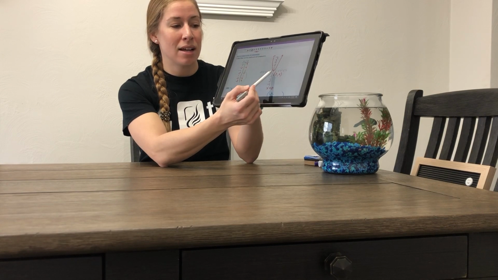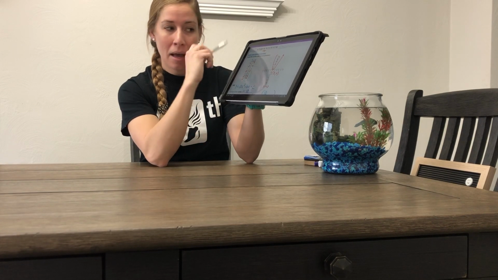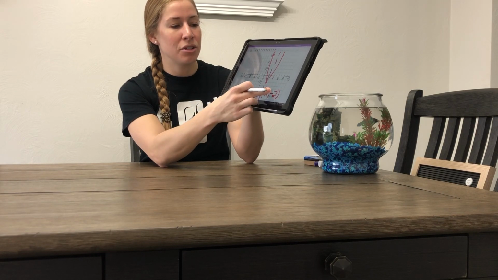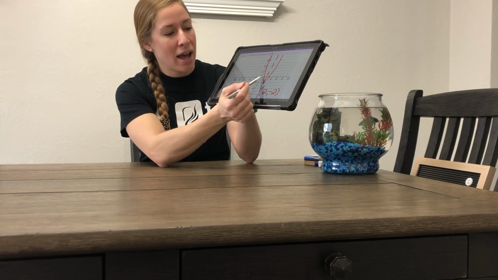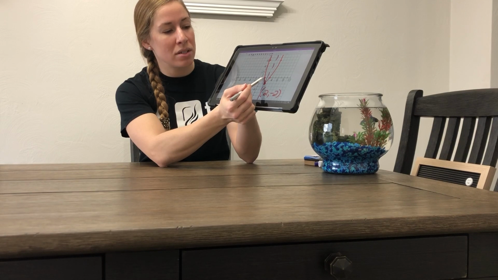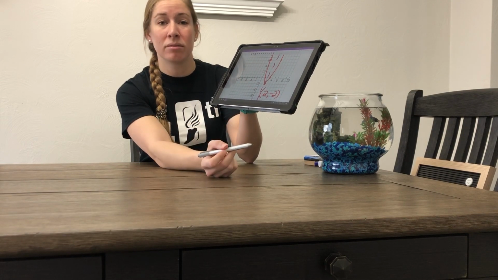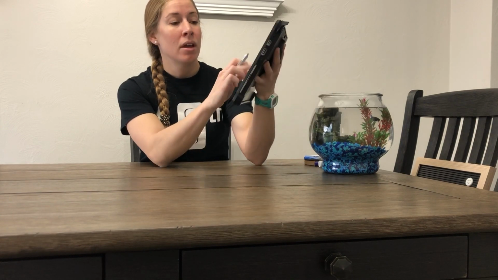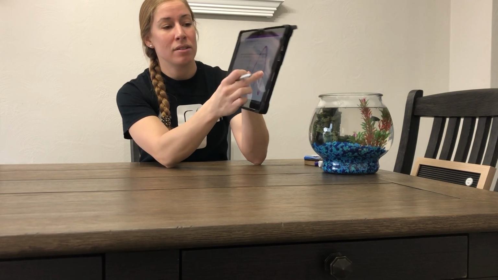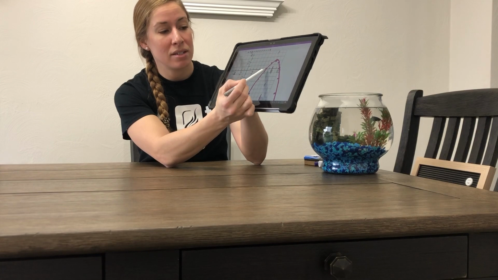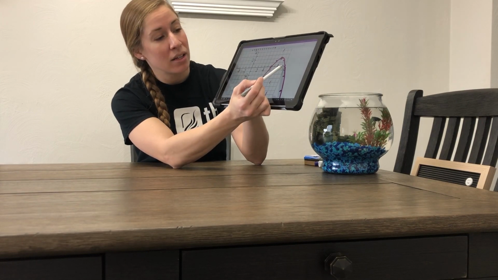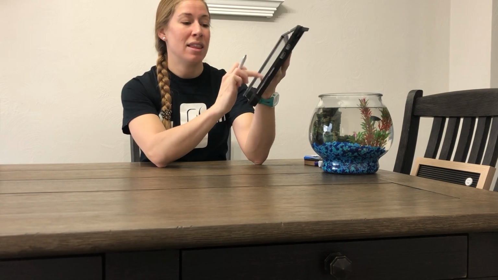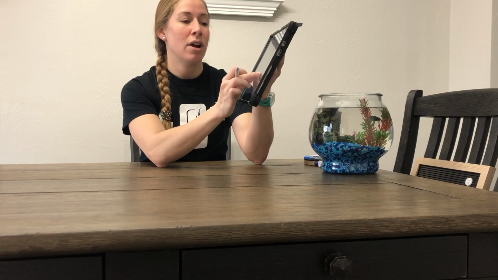This one has two x-intercepts at the points 1, 0, and 3, 0. Okay, those are the x-intercepts of the parabola. And this one has two x-intercepts here at 6, 0, and 10, 0, okay? So that's what we're focusing on today, the x-intercepts of the graph.